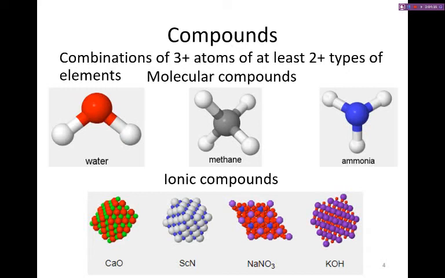Water always exists as H2O. Methane always exists as CH4, and ammonia always as NH3. With ionic compounds, you have complex three-dimensional structures that are up to millions and millions of atoms long and wide. And these are much more diverse in terms of their sizes and their shapes than molecular compounds.